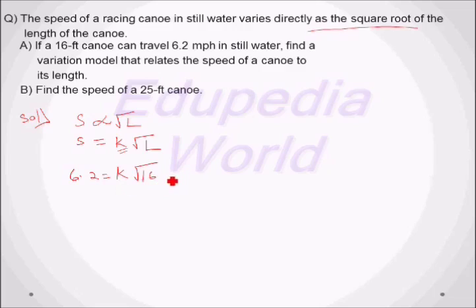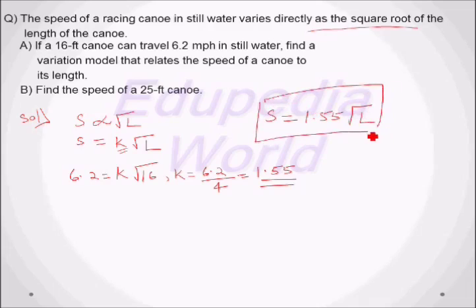So we have the value of K as 6.2 divided by 4, which is equal to 1.55. So we have the relation S equals 1.55 into root L. This is the variation model that relates the speed of the canoe to its length.